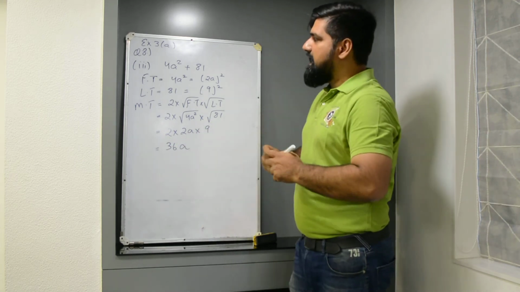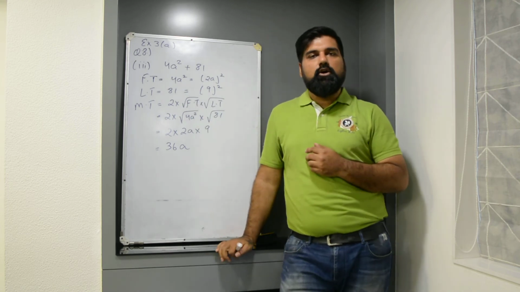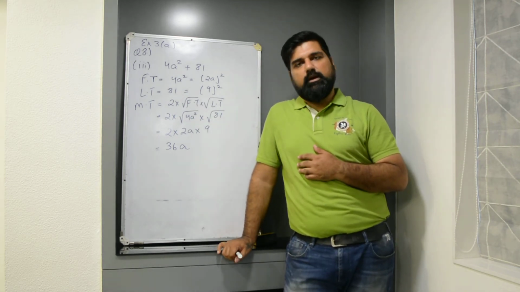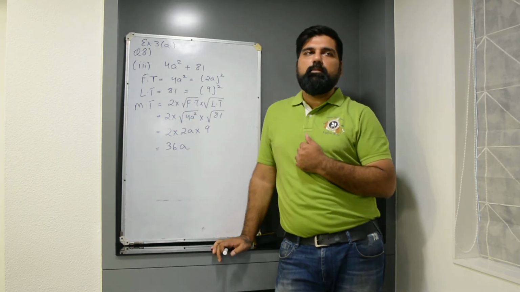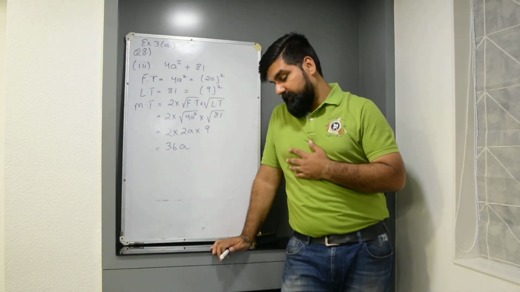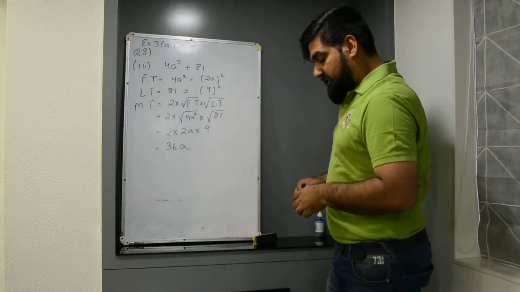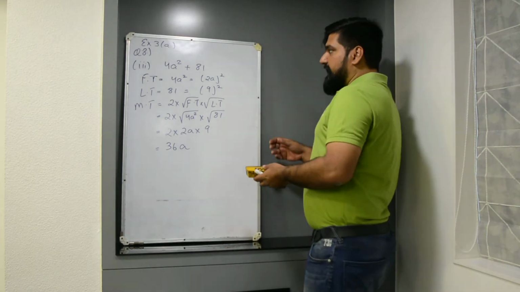So 36a should be added to the given polynomial to make it a perfect square. Okay, one more question we would like to do.